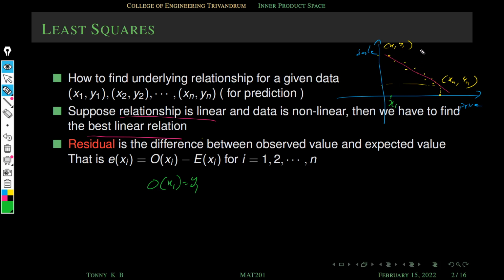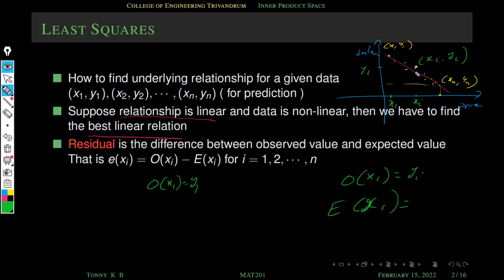For example, suppose a data point is here. This point is almost close to the straight line. Let its coordinates be (xi, yi). You consider a general point (xi, yi). What is the observed value at xi? This is our xi, so the observed value is yi, this height. What is the expected value at xi?